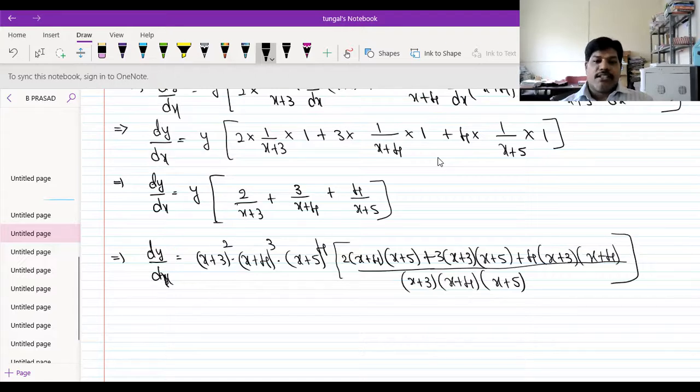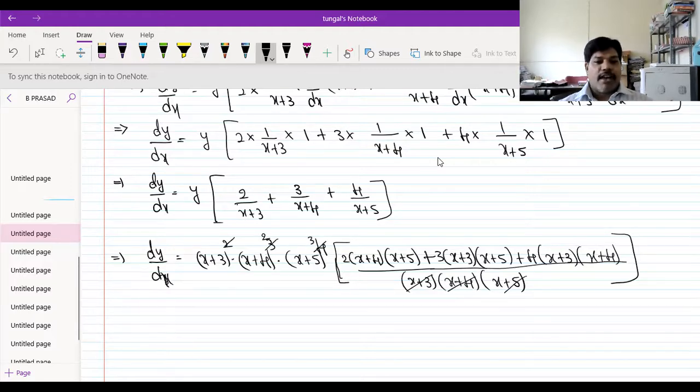So just take the LCM, students. And what terms will be cancelled here? This x plus 3 and here x plus 3 whole square is there, the square will be cancelled. And here x plus 4 is there, but here x plus 4 whole cube, so this cube will be cancelled, that is, we will get a square. And here x plus 5 is there in the denominator, here power 4 is there, it will cancel, it will become 3.